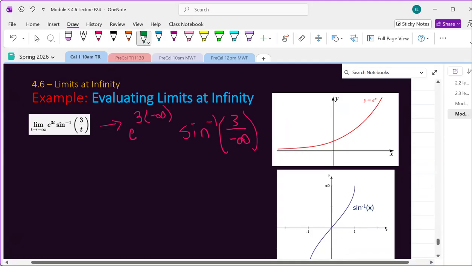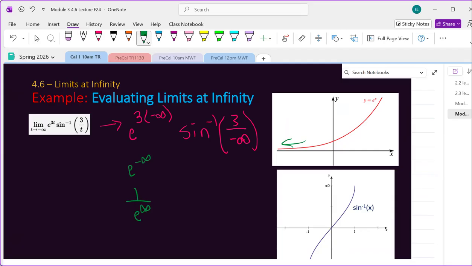So e to the 3 times negative infinity is e to the negative infinity, which is 1 over e to the infinity. e to the infinity grows without bound, so 1 over infinity would be 0.